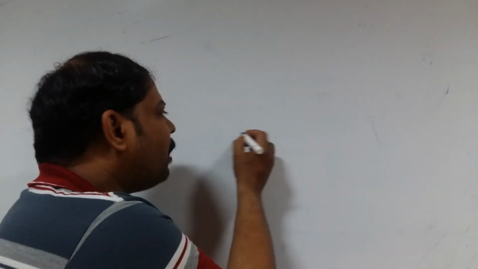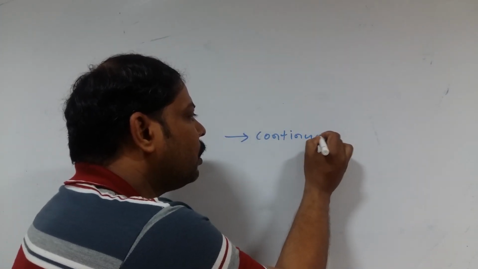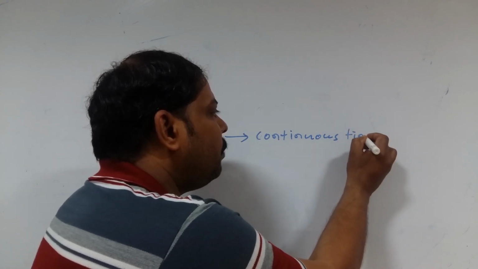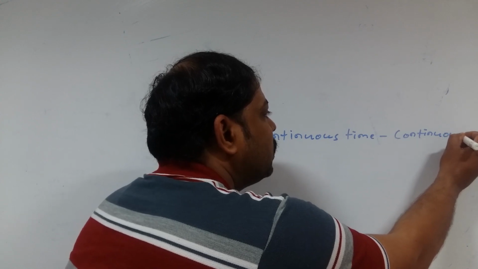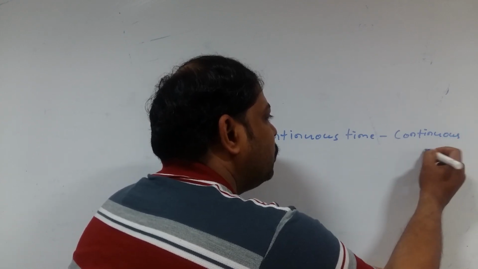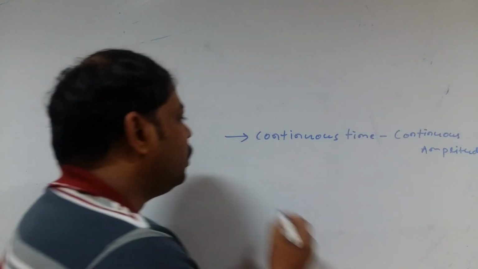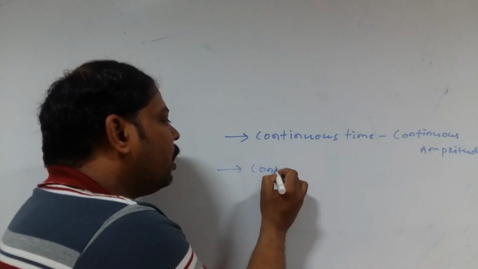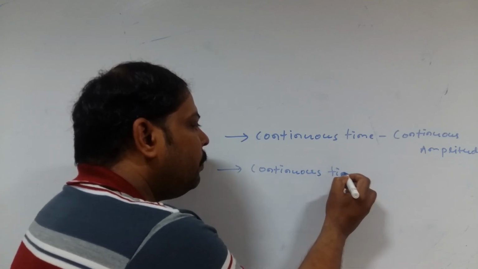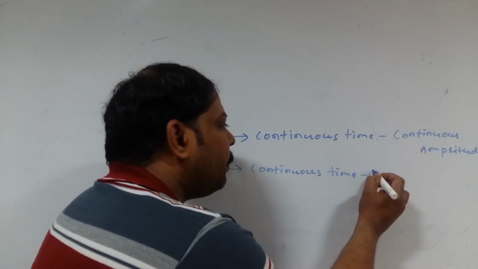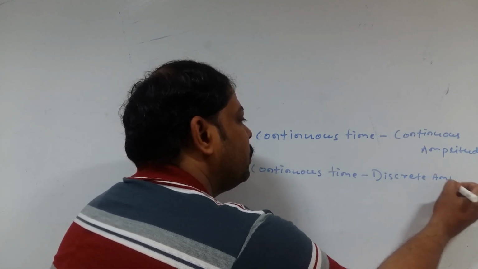You just mark, this is continuous time, continuous amplitude. Second is continuous time, discrete amplitude.